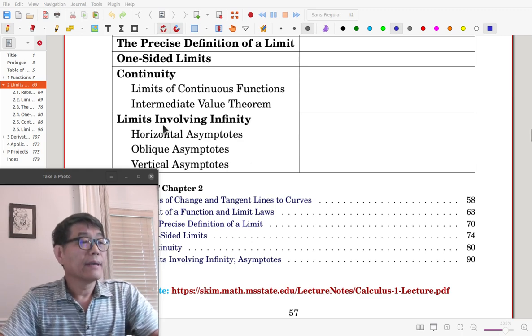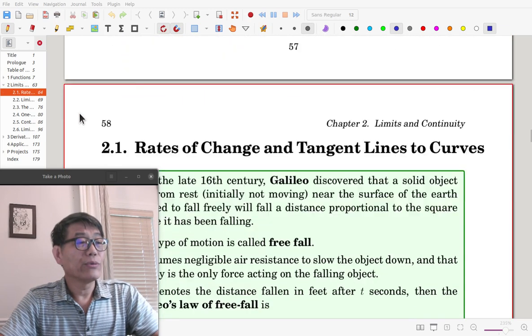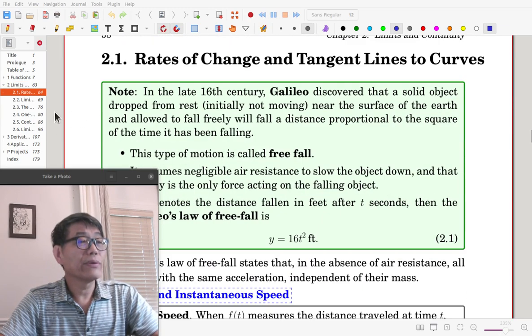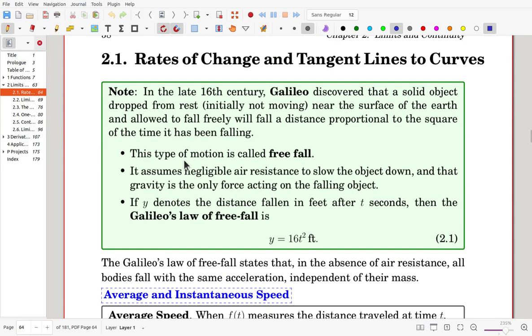Now, let's begin with section 2.1, rates of change and tangent lines to curves. In the late 16th century, Galileo discovered the so-called Galileo's law of free fall.